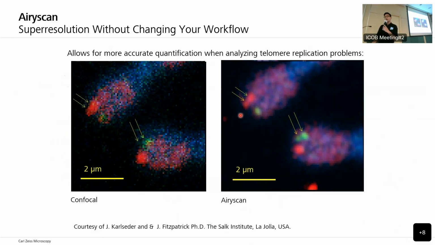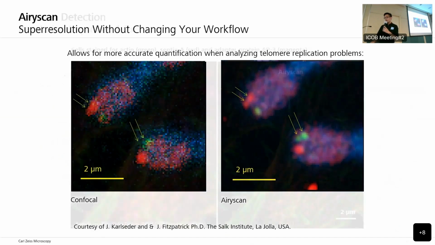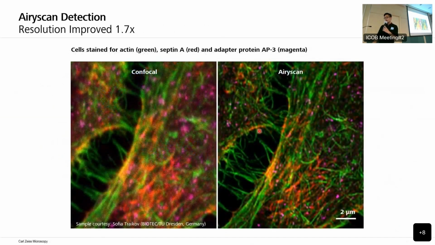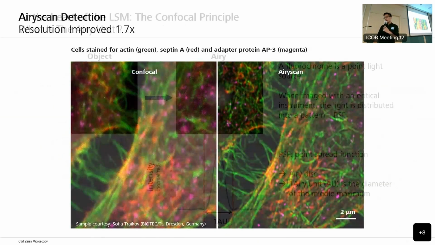Here we have higher resolution, so now we can visualize how many telomeres are on the end of the chromosome. And what is Airyscan? So we just see another case. For the microtubules or other subcellular structures, we want to see them much more clearly.